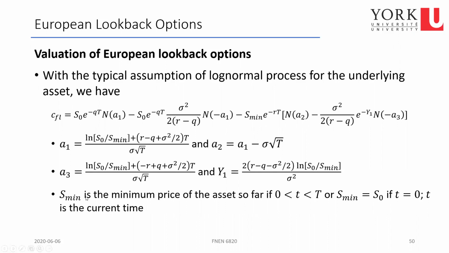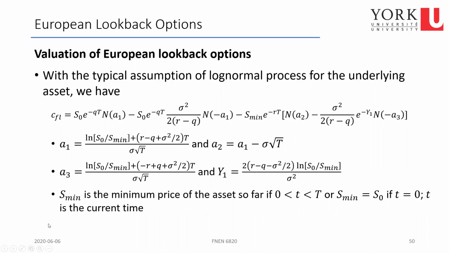For example, S-min is the minimum price up to the point where the valuation is taken. Let's say the option has been in existence for 1 month, and has an entire tenor of, say, 3 months.